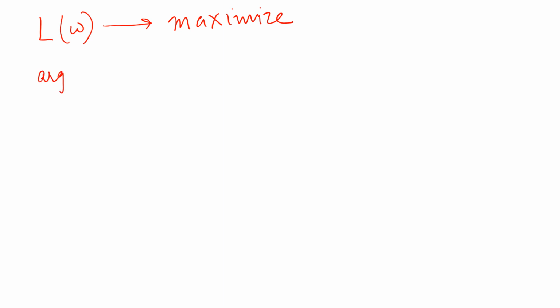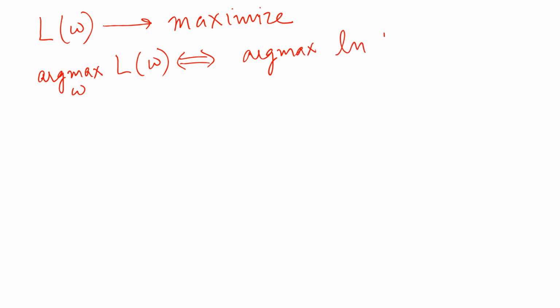Let's say I'm finding argmax, technically more specific. If I'm saying argmax of L of W over W, this is equivalent to saying that I'm trying to find the argmax of the log of this function. These are mathematical facts, I'm not making them up, right?